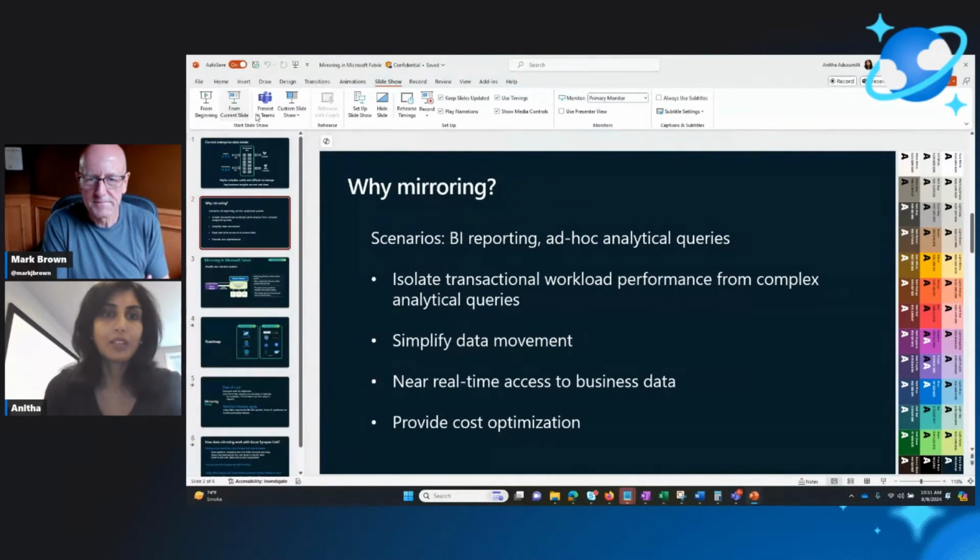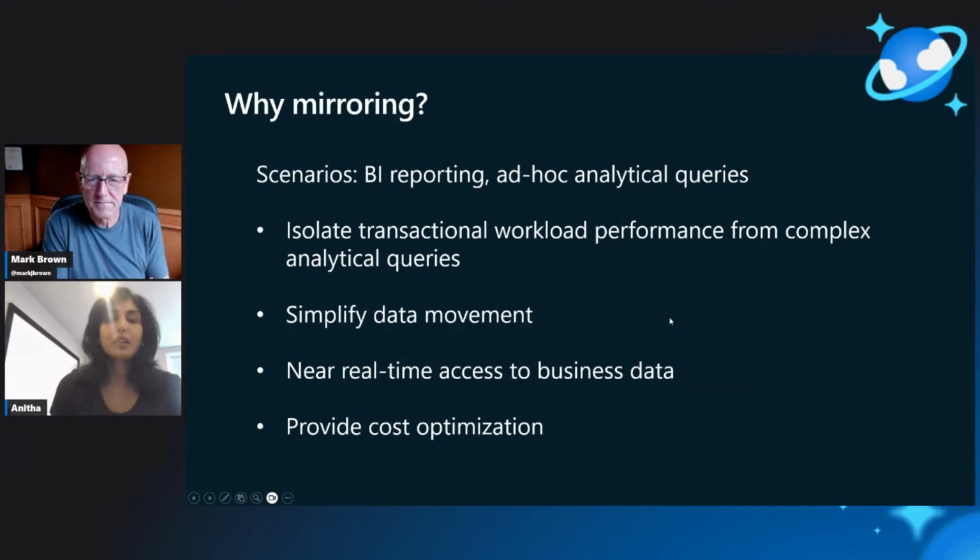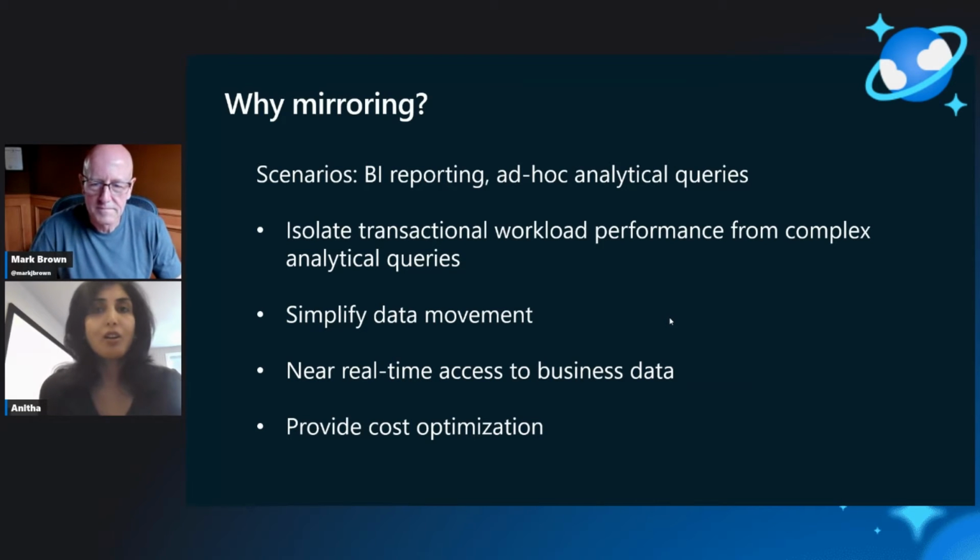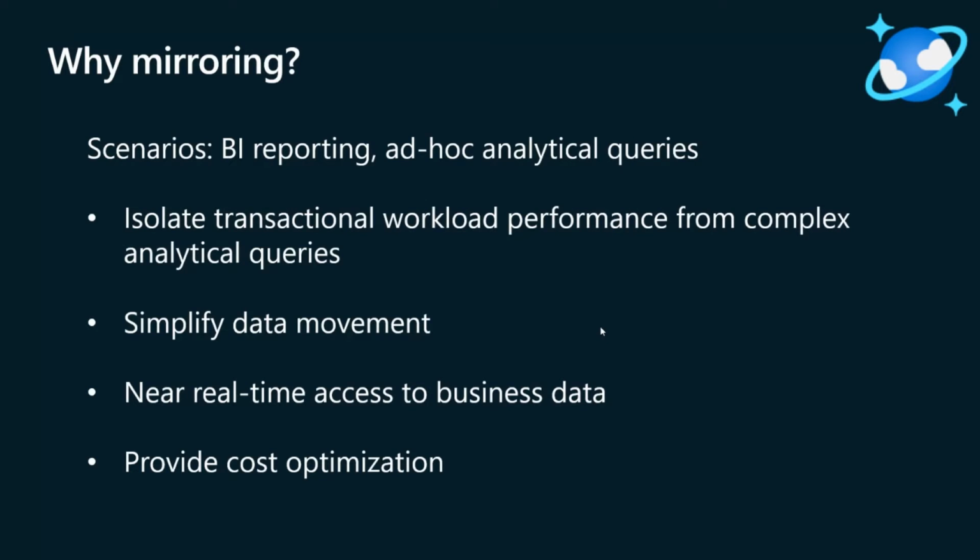Thank you. Let's first talk about why use this technology, mirroring. Today, a lot of Cosmos DB customers want to build BI reporting on their data in Cosmos DB. Some of them want to run ad hoc analytical queries, but the frequent ask that we get from them is, how do I quickly get access to my data without impacting my transactional workloads?